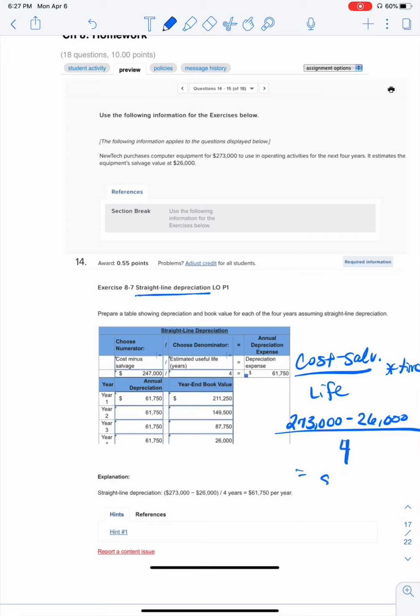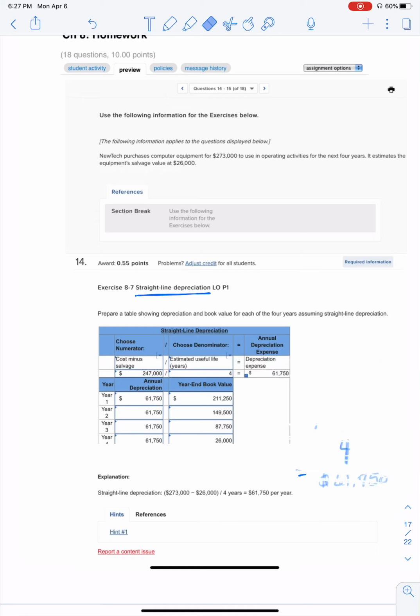When I do that, I get an annual depreciation expense of $61,750. So that is where we are right now. So now that I've got that out of the way, what I've got to do is figure out for each year exactly what my year-end book value is, just so I can prove out that this depreciation is working properly.